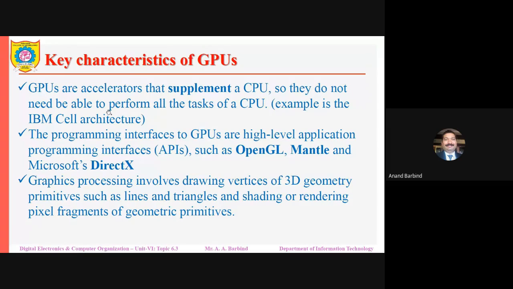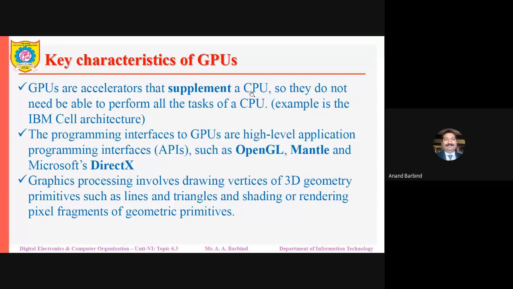They do not need to be able to perform all the tasks of the CPU. The CPU is general purpose and performs many tasks, but the GPU performs only the tasks related to the graphics display. So it is a supplement to the CPU.